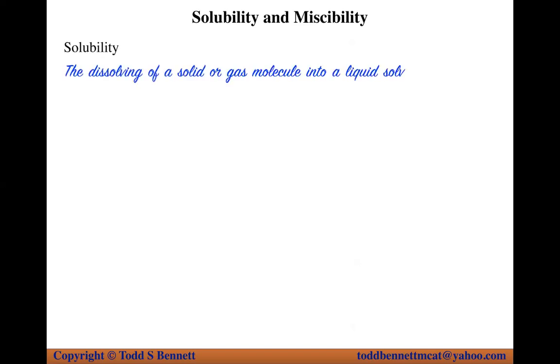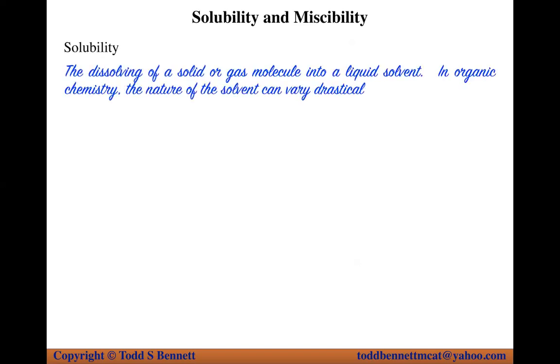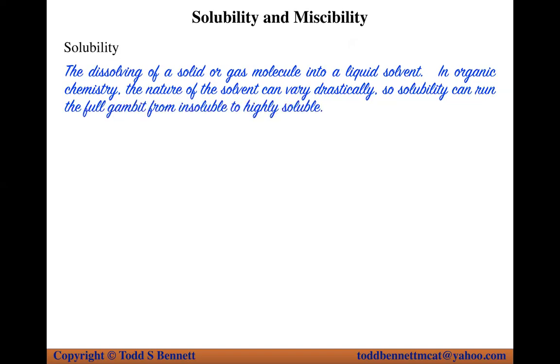Solubility and miscibility. The terms are really similar, but enough different that I want to emphasize it. Solubility is when you're going into a different phase. So a gas is said to be soluble in a liquid, or a solid is soluble in a liquid if it dissolves into it. And if they're similar in properties, then they will dissolve in. Miscibility comes from the word mixing.